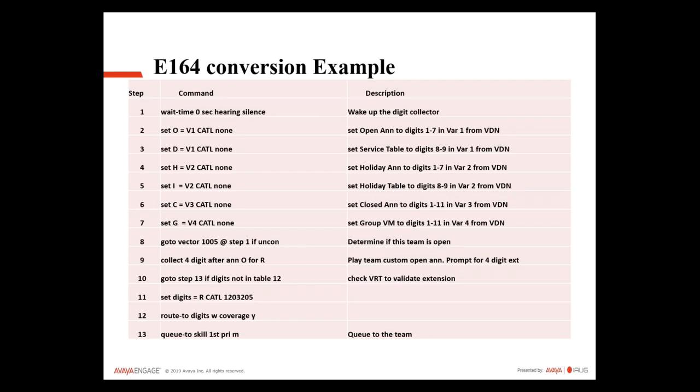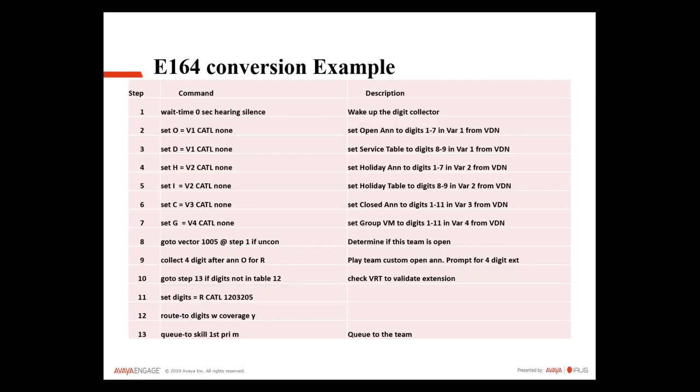So if it's valid, I'm now going to set digits for R, which I just collected, these 4 digits, right? And I'm going to concatenate to the left with 1203, 205. By using this concatenate and setting the digits, I've now taken my 4-digit PIN, slapped it at the end of my 203, 205, and it's now turned into my 11-digit agent ID, 1203, 205, 1234.